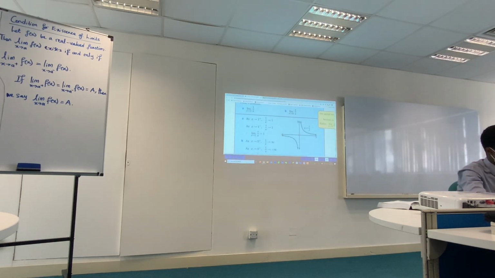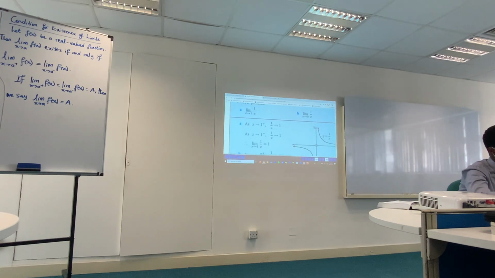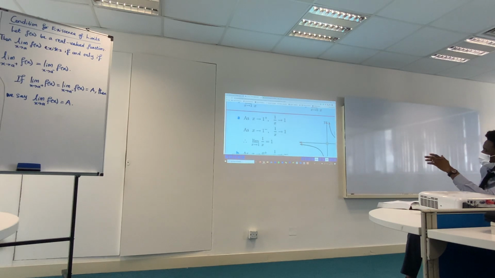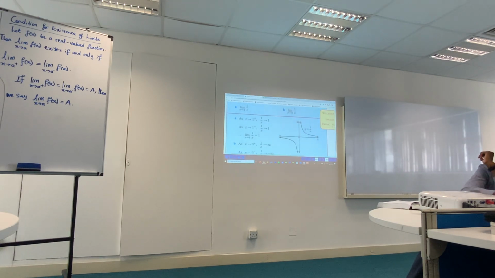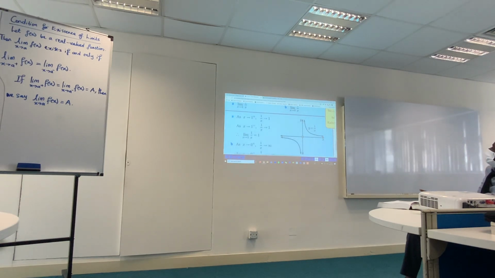I'm trying to get the geometric picture of this and tell you why the limit doesn't exist at the point. Now look at this. Hopefully you can get the idea, but it is always better to view it from the picture. When x tends to 1 from above, coming from this direction, and it's getting close to 1, my y is getting close to what?